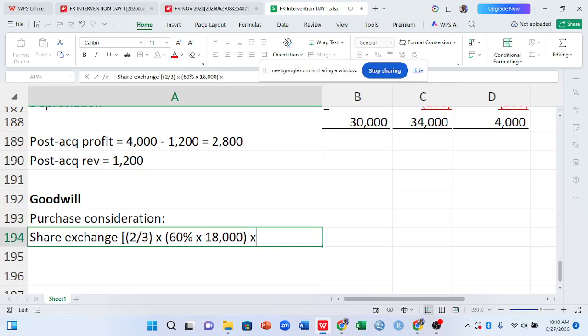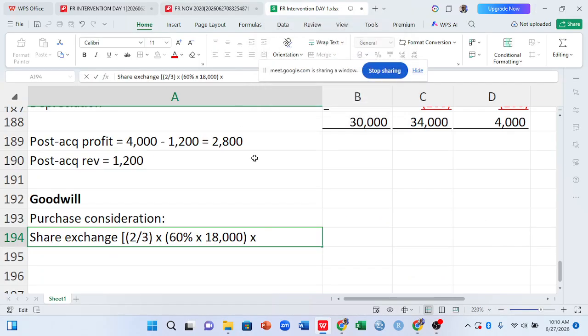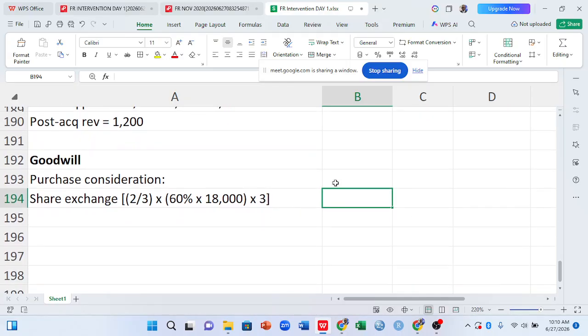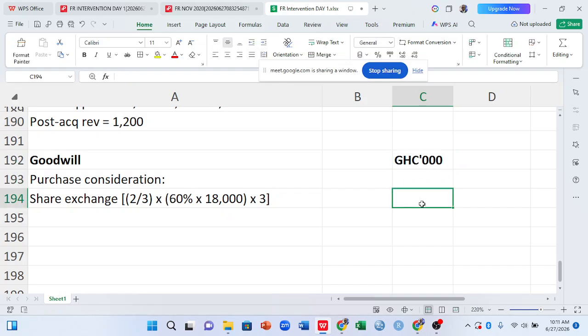Then we multiply by the price for the share exchange. We're told that the price of Kingdom at this date was 3 Ghana cedi, so we multiply by 3. What will be our answer in that case? Yeah, go ahead. 21,600.